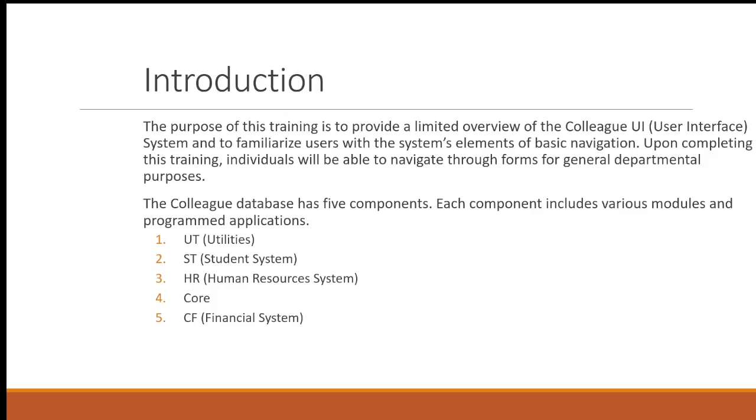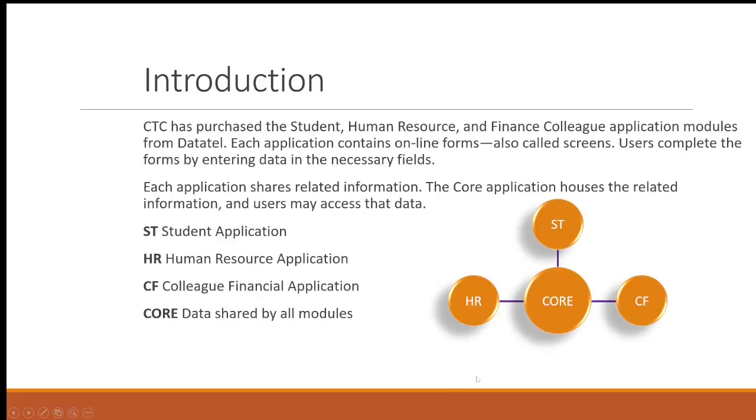But essentially, Colleague has 5 components or 5 different areas of the database. We have the utilities area, the student systems area, the human resources system area, the core area, and then the financial area within Colleague. We have the student section, the human resources, and financial applications.